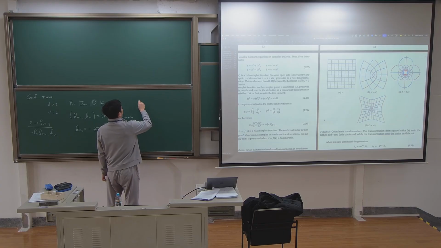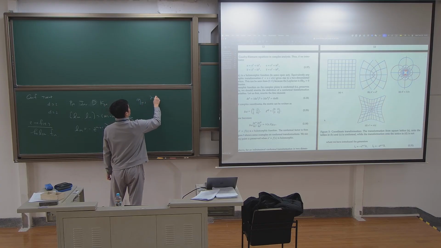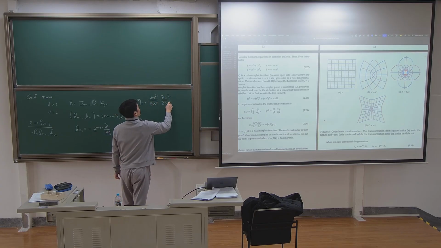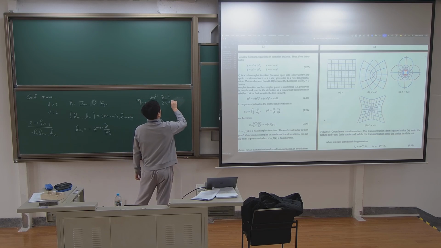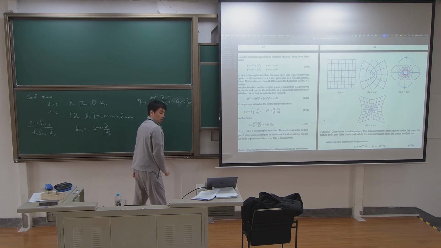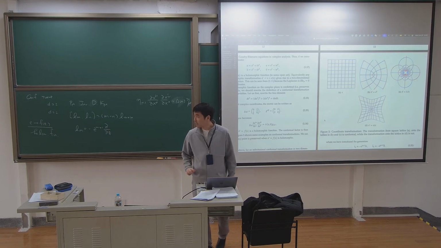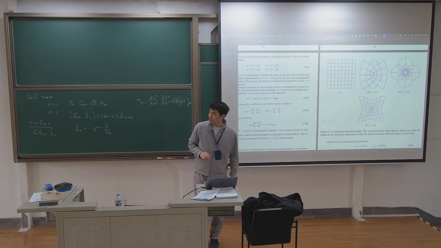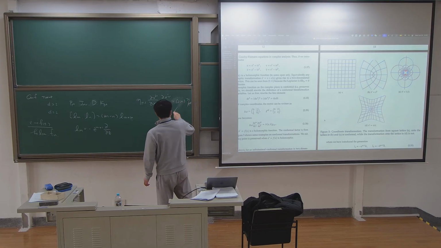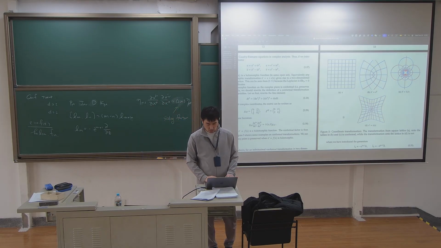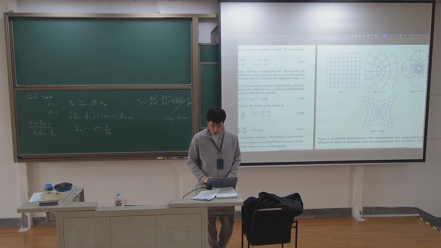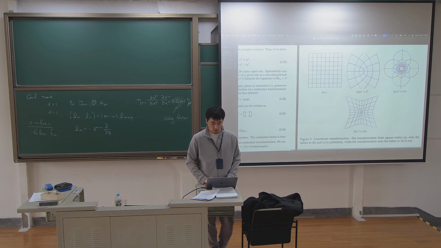As you recall, what we need is that the metric transforms like this, with lambda of x a scaling factor. This is the meaning of conformal transformation. And in 2 dimensions, for instance, it's everything holomorphic.